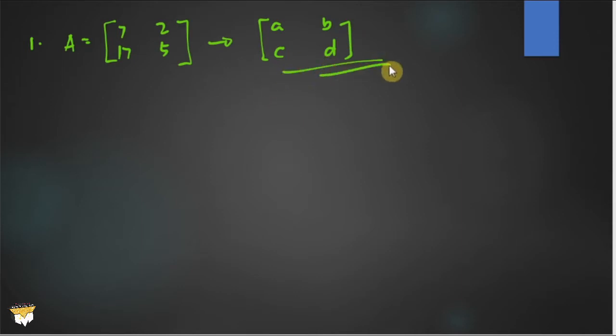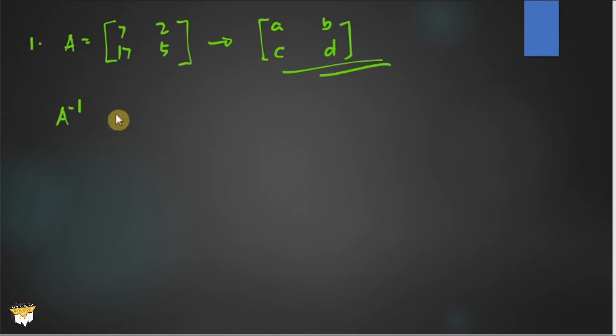So, bakit ginawa natin yan? It's because in finding the inverse of a 2x2 matrix, we're going to use this rule or parang formula. So, let's solve this using the formula.